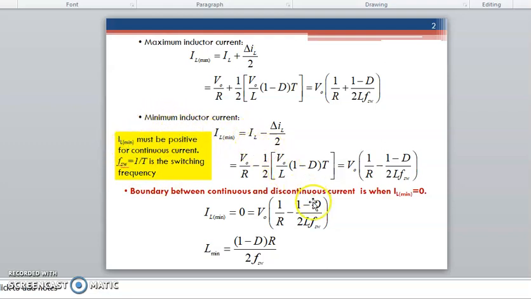So this is the formula for how you calculate your inductor value. Okay, IL min equals 0 at the boundary or discontinuous mode. So L min equals (1 minus D) times R divided by 2 times your switching frequency.